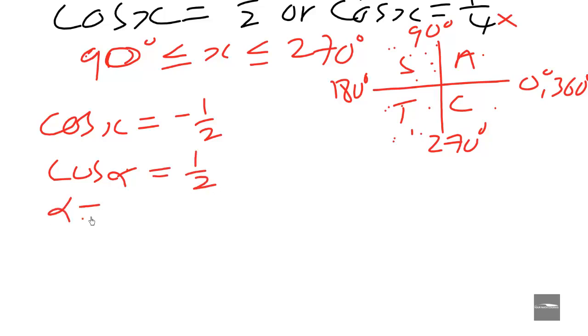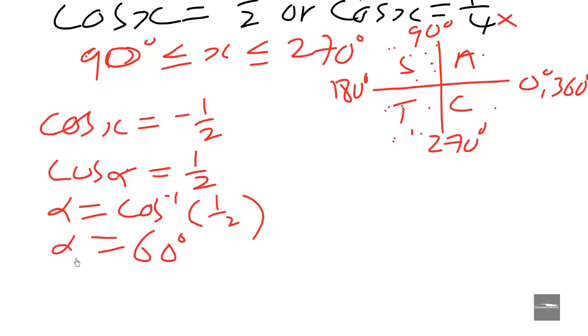So alpha will be equal to cos inverse of 1 over 2. That should give you 60 degrees. So the acute angle is 60 degrees. But that's not what we are looking for. We are looking for the corresponding angle in the third and second quadrant.